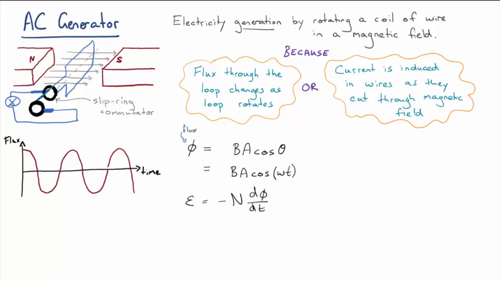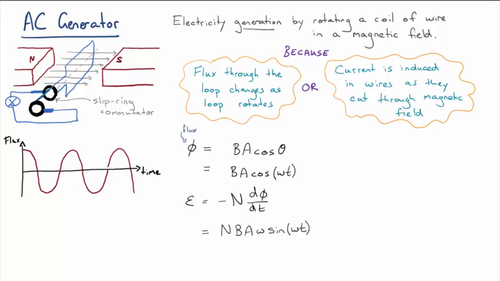If we substitute in and differentiate the expression for flux, which is BA cos omega t, we find that the derivative of cos is a negative sine, but then our negatives cancel. Work through this at your own pace, and you'll find that it's nBA omega sine omega t.